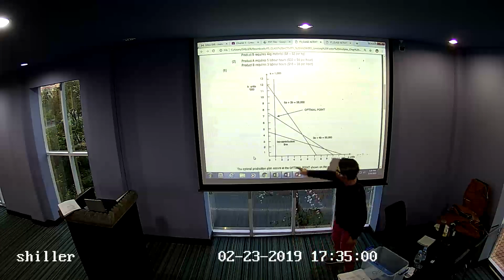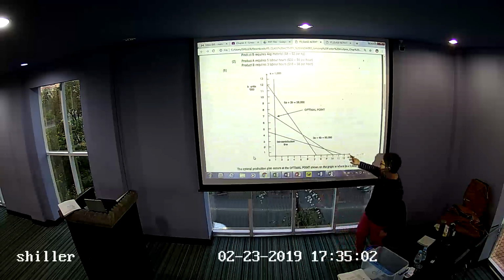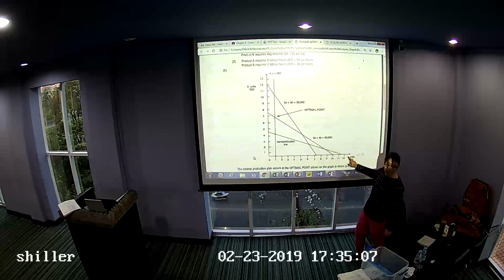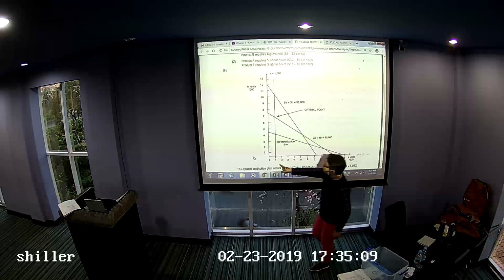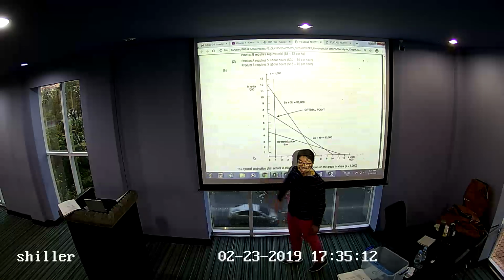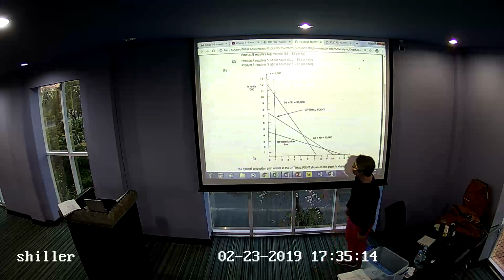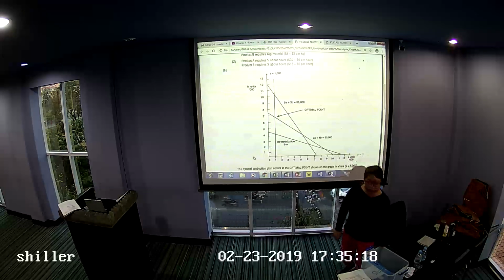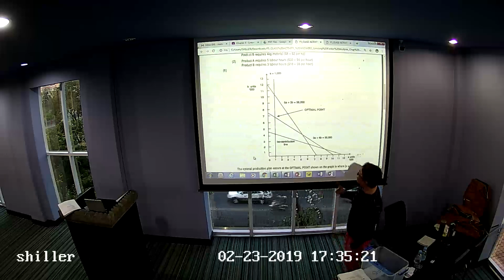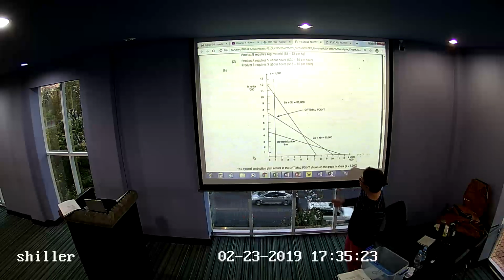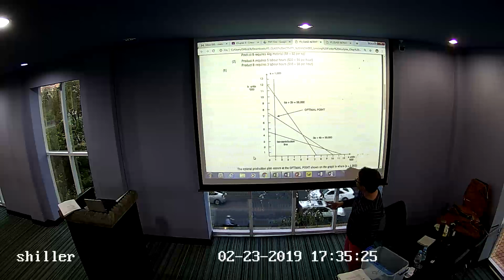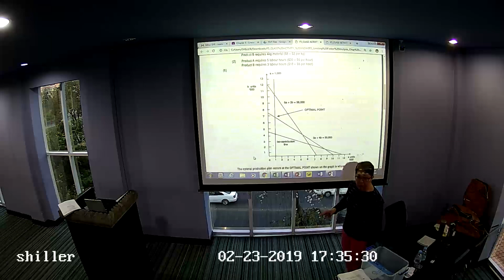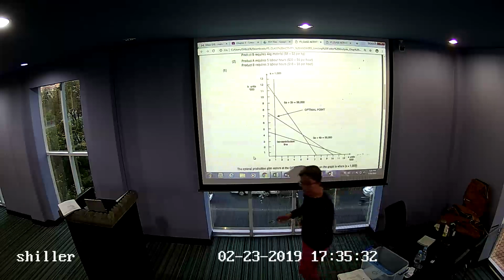What is the horizontal line? It actually is A, correct? And B is the vertical line, correct? First, there are three constraints, yes? One is the material constraint, second is the labor constraint, and the third is the minimum. Can you find them?